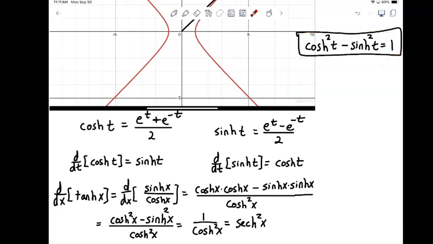So this is just a little introduction to the hyperbolic functions. We'll see them come up occasionally in some problems, so we do want to be aware of them, but it's not something we're going to worry a whole lot about. But we will see them, and they could come up with some problems here or there. So that's why I wanted to take some time and introduce you to them.